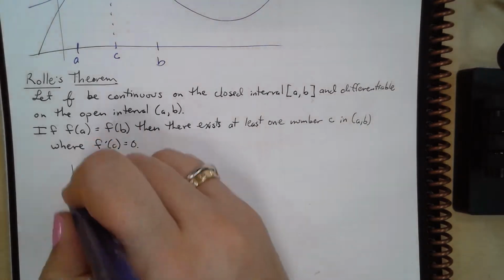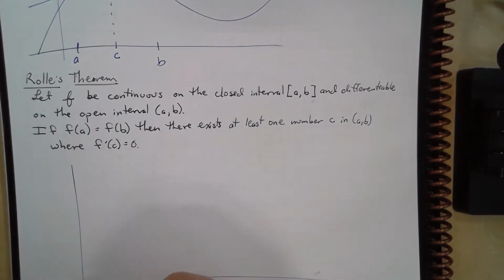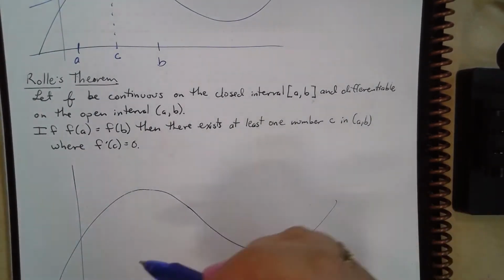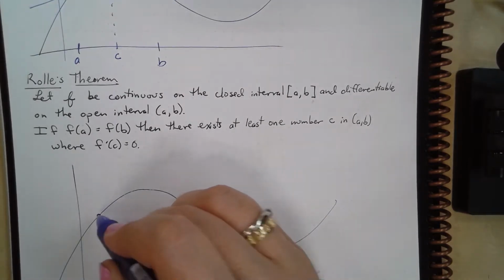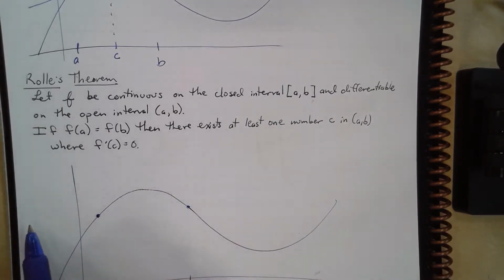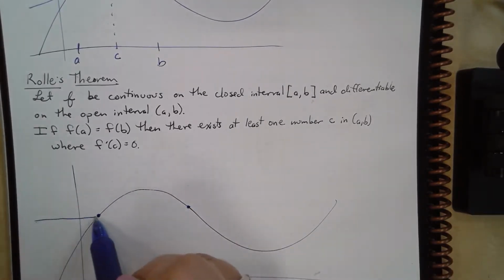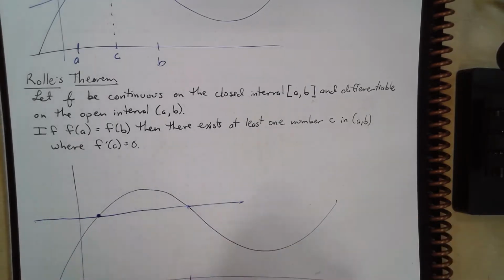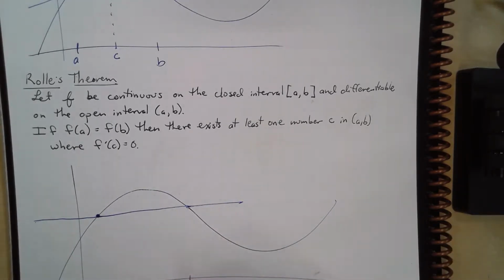Let's draw that graphically. If we've got a graph, we've got something here, and let's say this point here is a, and this is b. These are equal to one another, so f of a is equal to f of b.